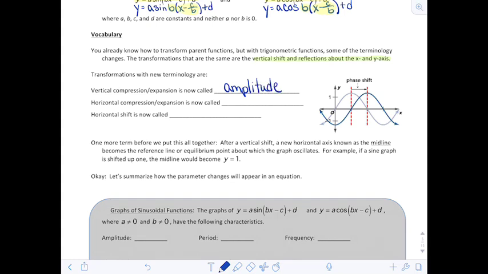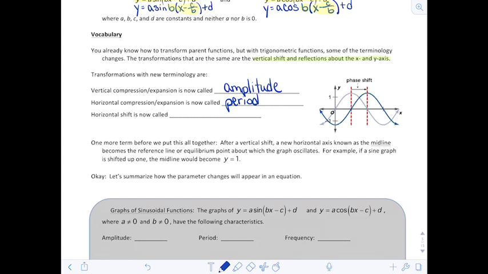As we talked about earlier in the chapter, amplitude is the distance from the midline to the top and from the midline to the bottom, just that halfway distance between the top and the bottom. Then horizontal compression and expansion, where we make a function wider or more narrow, is now going to be called the period.